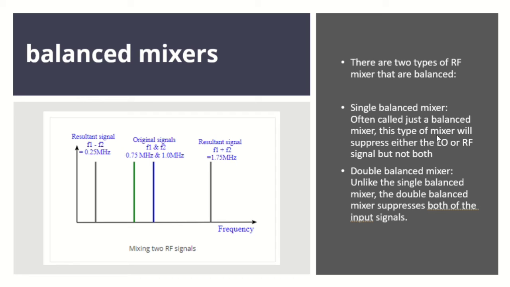That's why it says it will suppress either the LO or RF signal, but not both. So only one is suppressed, but the other comes out as output.